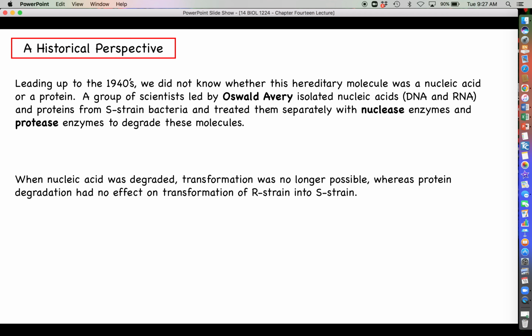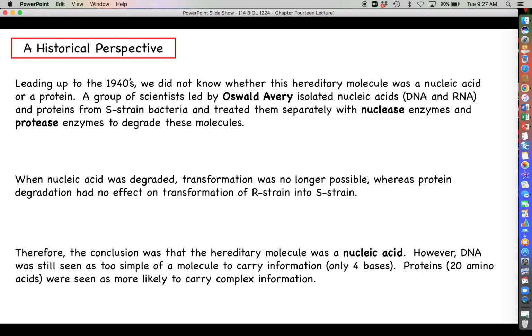But if he did the same thing, where the only thing he's chopping up and degrading is protein, this had no effect on transformation, and the R strain was still transformed into S strain. Meaning, the conclusion here is that the only way that transformation is possible is if that nucleic acid is still intact. It doesn't matter if the protein is still intact, it matters if the nucleic acid is still intact.